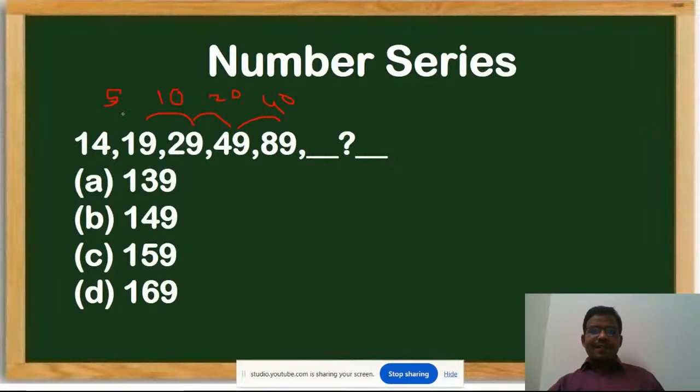Initially 5, 10, 20, 40. Next gap is 80. So 89 plus 80, 169. So for most of the questions, the answers are the fourth option D. But from an exam point of view, don't think that all the questions are having the same option as correct. Got it?